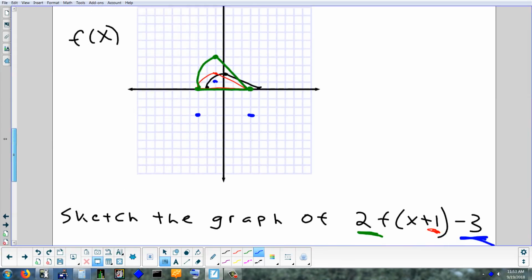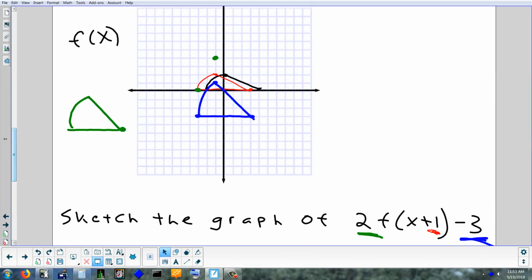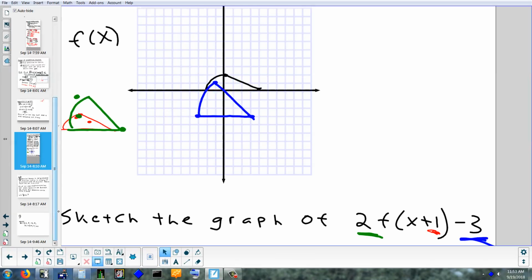And 1, 2, 3. So if I didn't want to show all the steps in between, the final answer is just what's in blue. Okay, black was the original, and blue is the final answer. So there'll be a problem just like that in the homework.